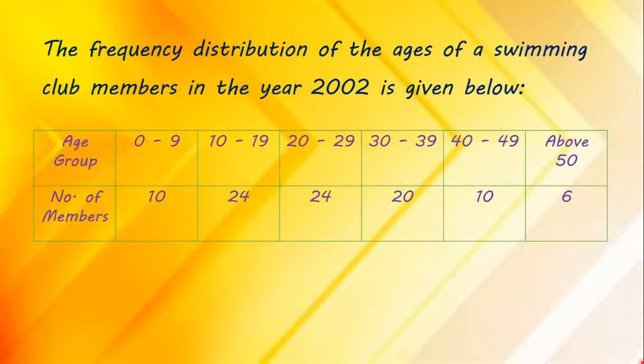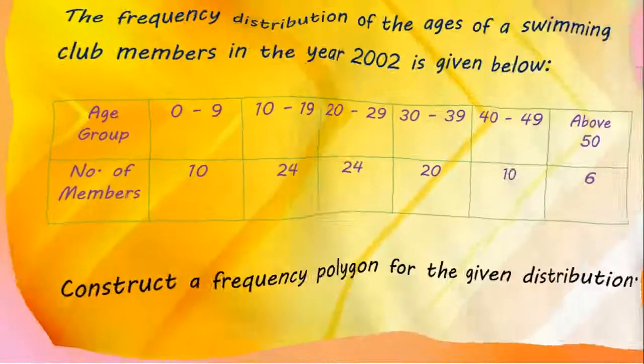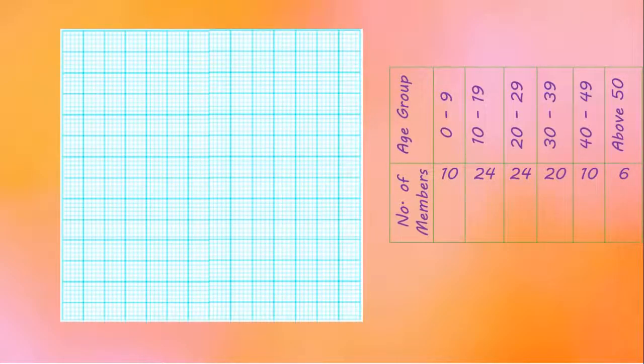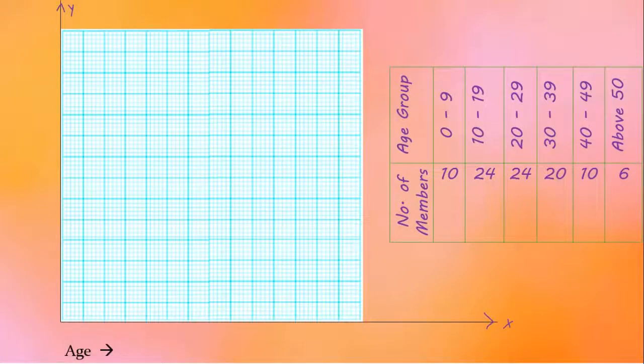Let's construct the frequency polygon from this data. We are not going to use a histogram. We are going to construct the frequency polygon directly. Let's consider the graph. As usual, we are going to construct the x-axis and y-axis. The class intervals are taken on the x-axis, it is the age group.